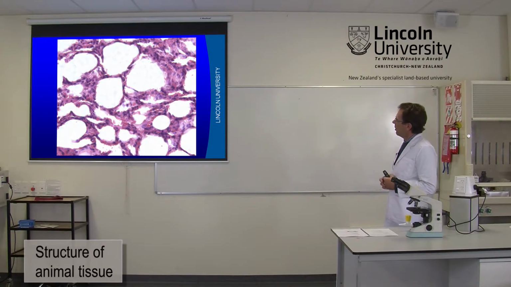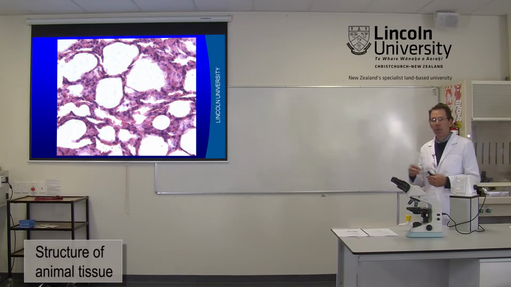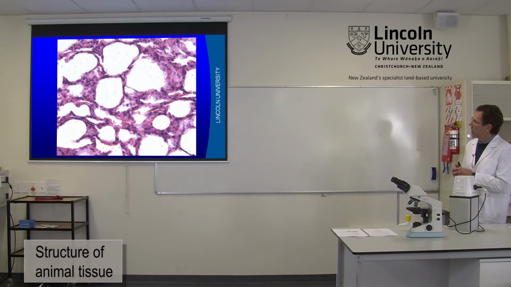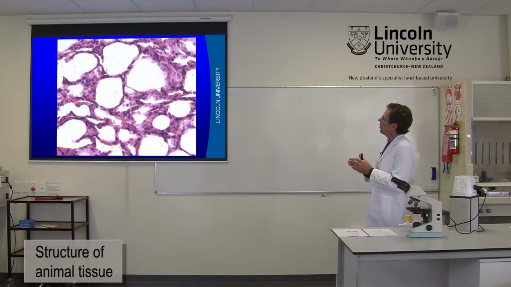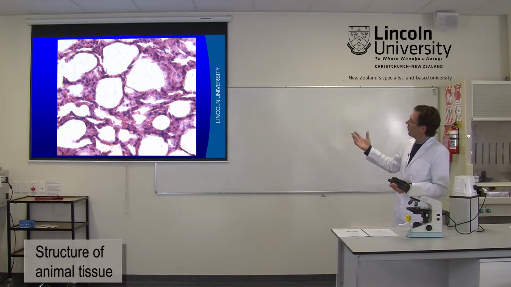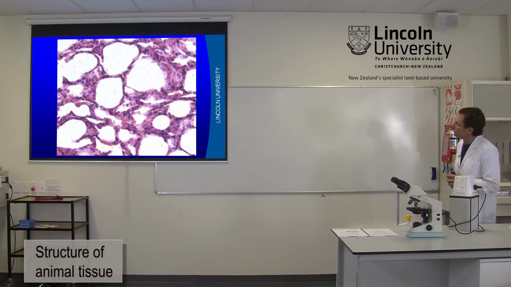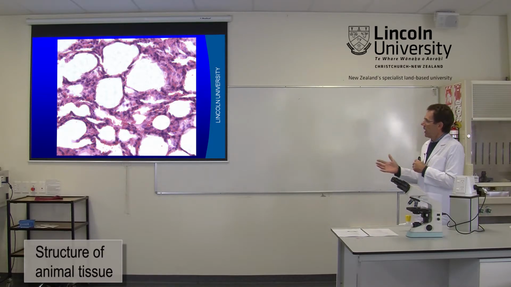And under high power, these are these air sacs. So running through all this pink tissue here will be tiny little blood vessels. These are capillaries. When you get to capillaries, it means that gases can now diffuse out of the blood and into the air, or from the air into the blood, and these gases move down their concentration gradient.